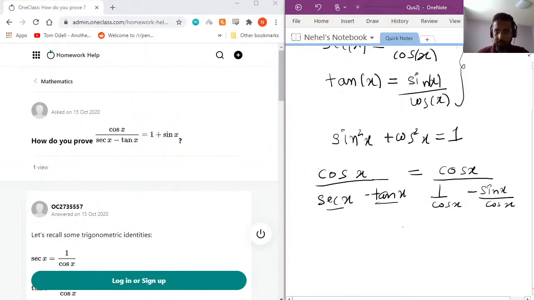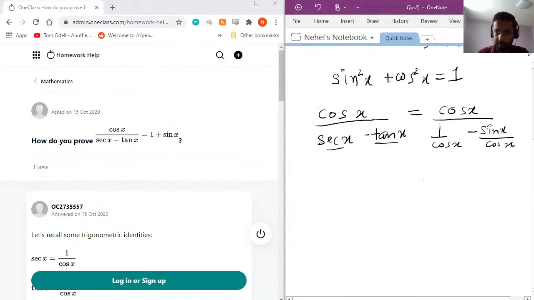So taking this further, we can use these two terms and carry on the subtraction. Since cos x is the common denominator, we won't have to cross multiply and we can straight away do the subtraction. So we would get cos x over 1 minus sine x divided by cos x.